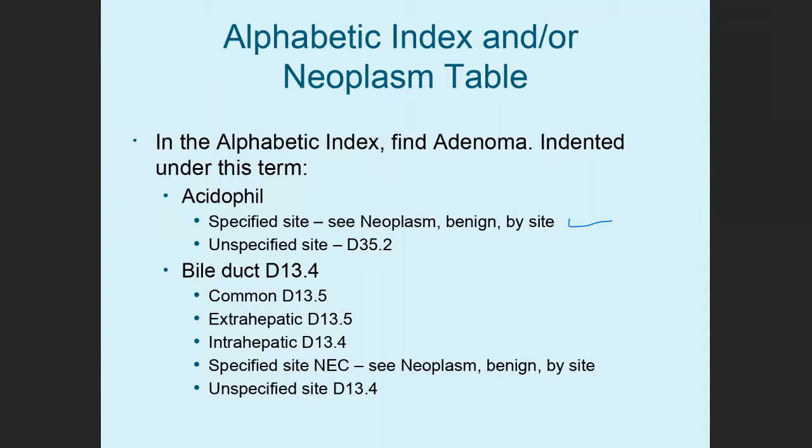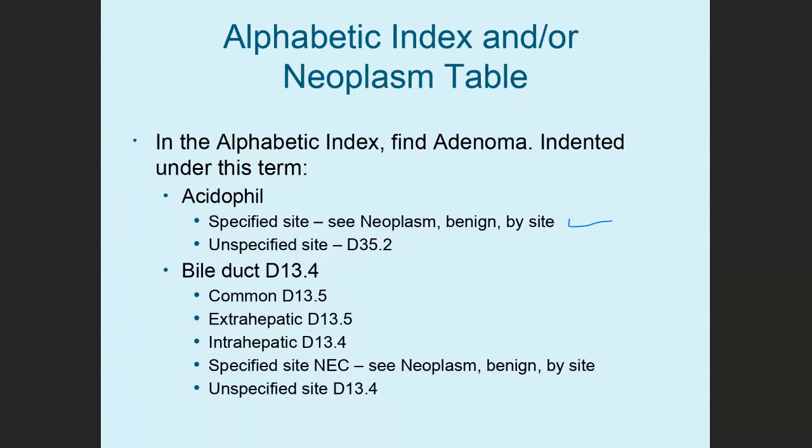So if it says "of axillary," for example, you go back to the neoplasm table and look at that specific site. So you're not going to use the terms adenoma or the acidophil. You're going to just look up the site.